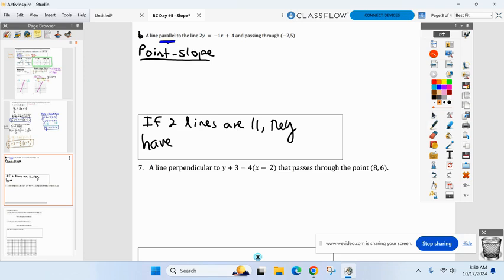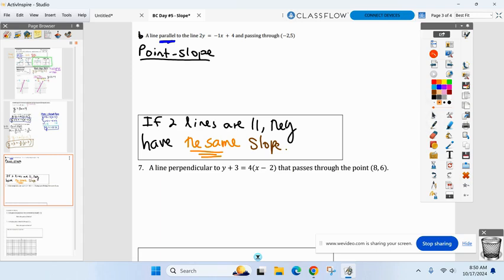The slopes are equal. Okay, two lines are parallel, they have the same slope.